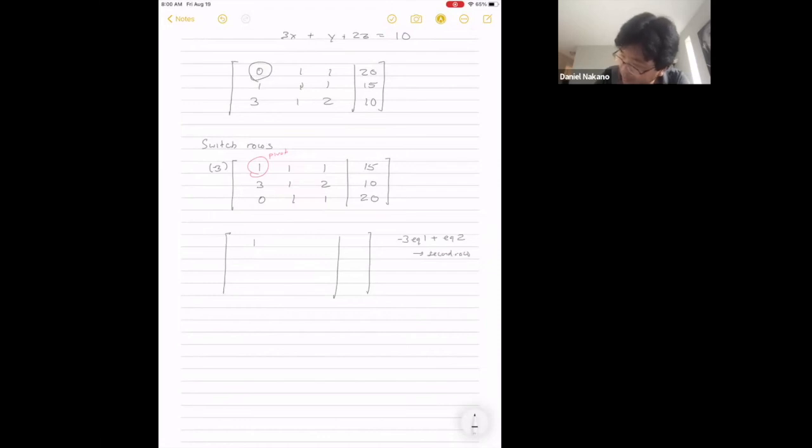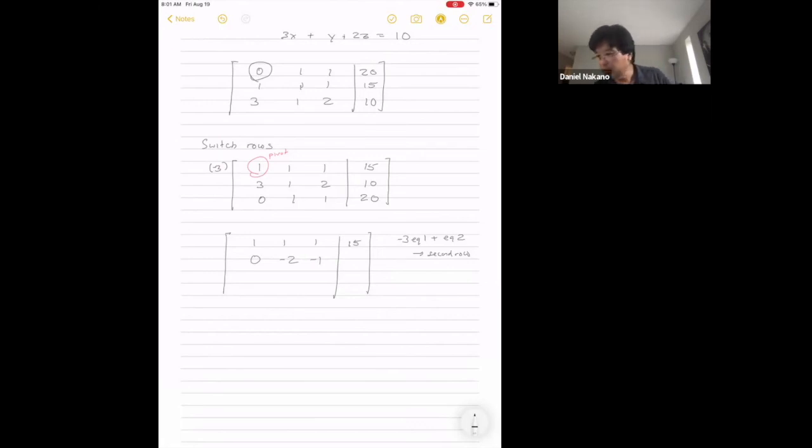Okay, so I keep the first row the same. Going a little faster now. It's 0. -3 times 1 plus 1 is -2. -3 times 1 plus 2 is -1. Okay, -3 times 15 is minus 45, plus 10 is going to be what?